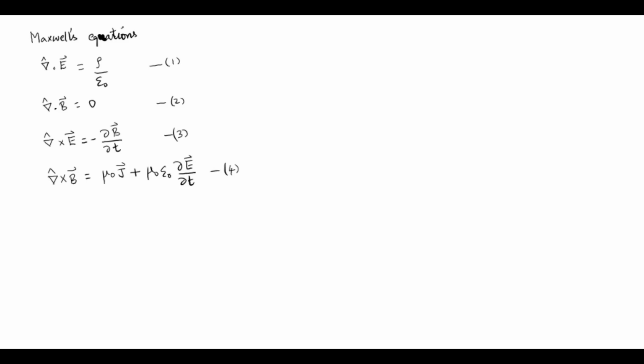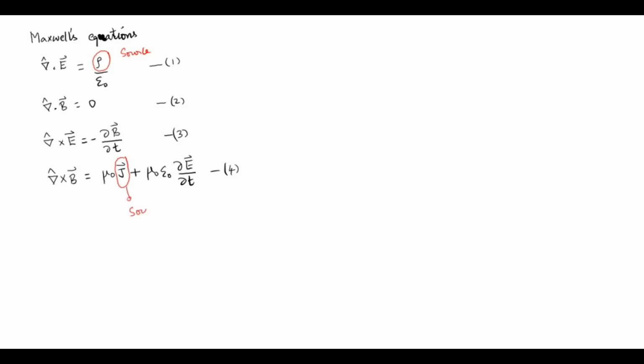Notice that in the equation number 1 and equation number 4 we have source term. So this equation number 1 contains a source term, that is charge density. So this is called source. And this equation number 4 also contains source. This is called current density.